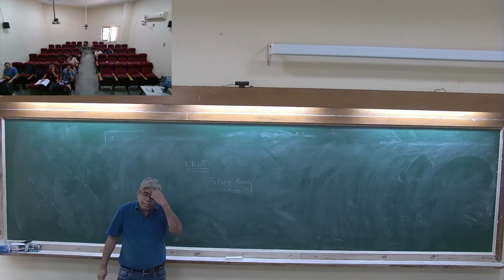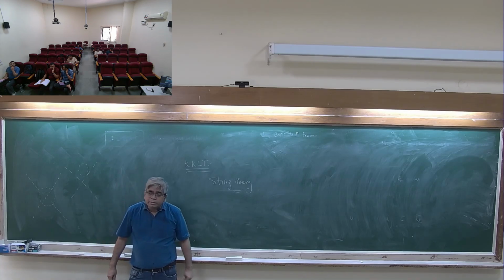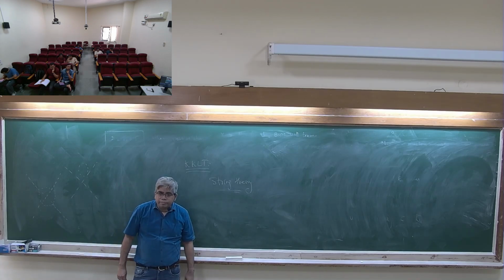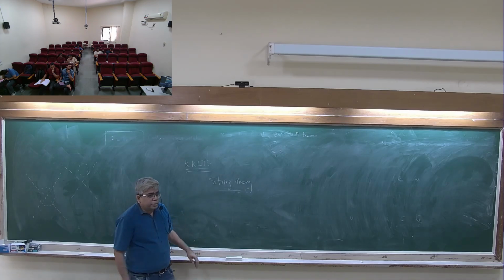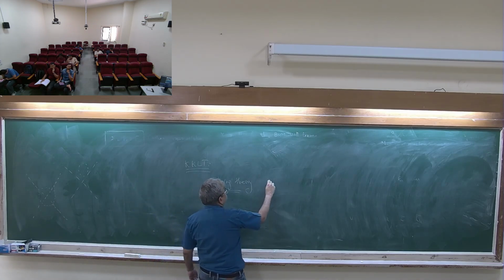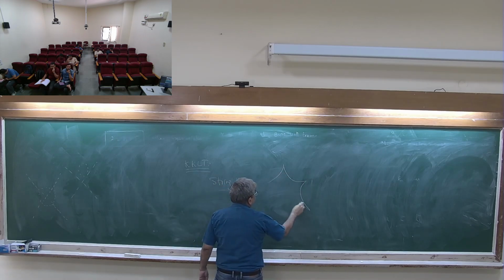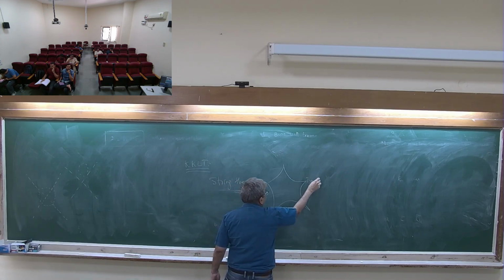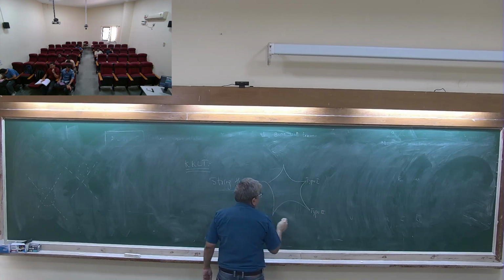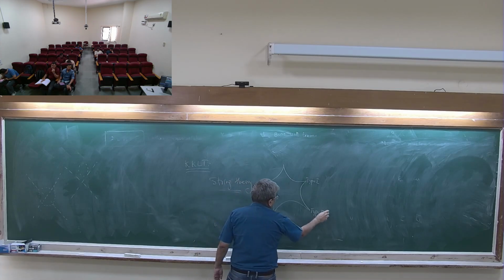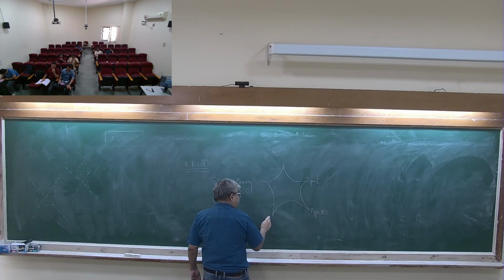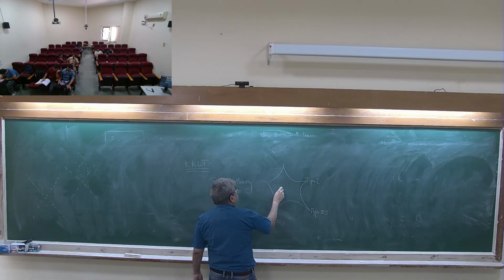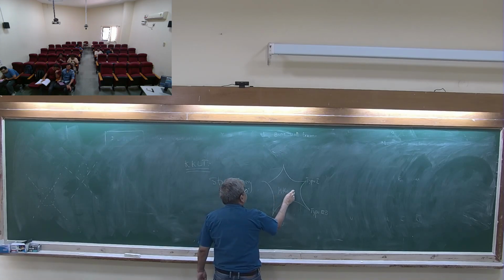On the string theory side, you all know superstring theory lives in 10 dimensions. There are these five string models. This is called M theory in 11 dimensions.